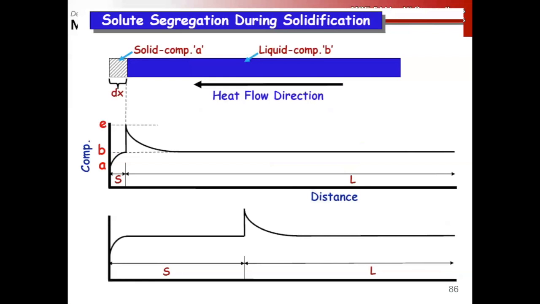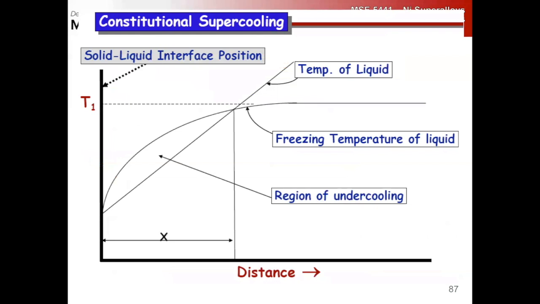right? So where do these dendrites come from? Compositional supercooling, right? This is our solid-liquid interface position. This is the actual physical temperature gradient of our liquid, but as we put all that solute in there, we're going to depress the freezing point of our liquid.